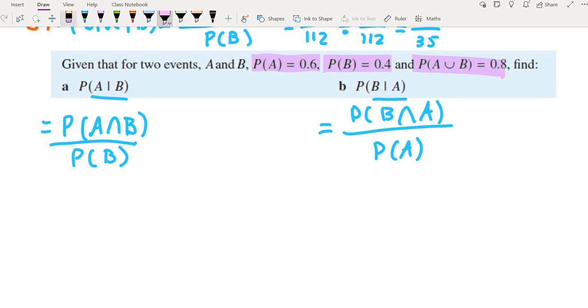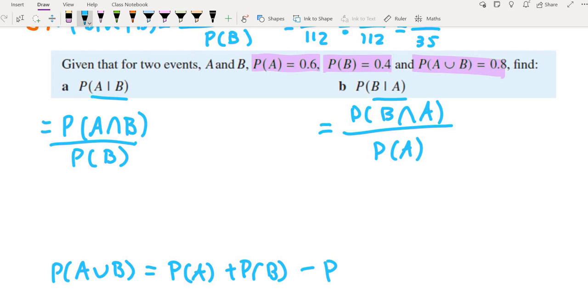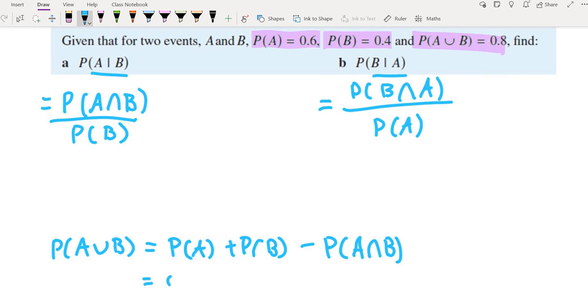But that's actually enough information for us to find what we're looking for, because we know the union of A and B is the probability of A plus the probability of B, take away the probability of A intersection B. So if this is 0.6, this is 0.4, we don't know A intersection B. However, we do know the union, which is 0.8.